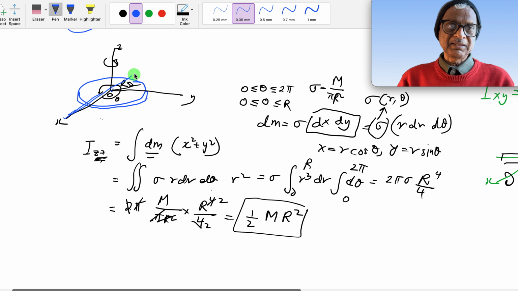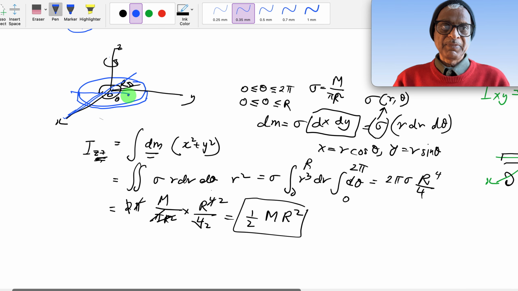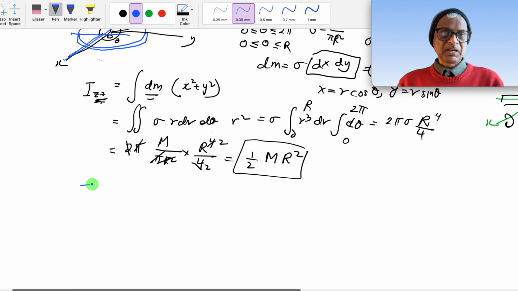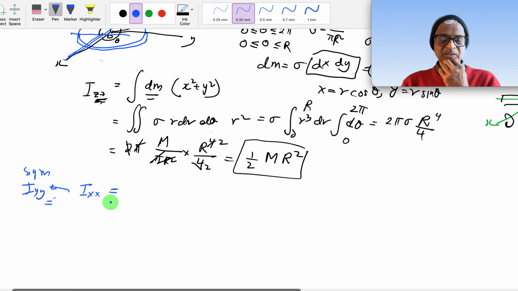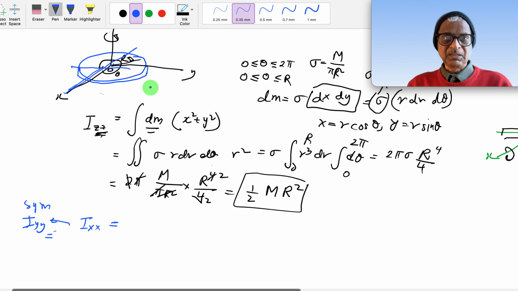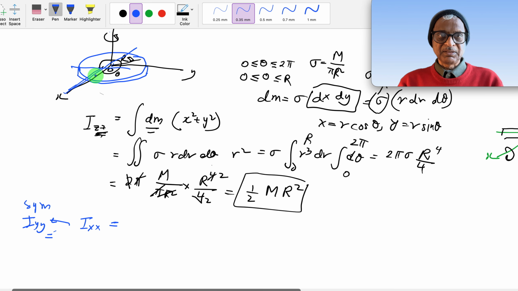How about Ixx, Iyy? Of course, Ixx by symmetry is the same as Iyy. So let's just do Ixx, which is an axis in the plane of the disk, and the formula will be just the same.